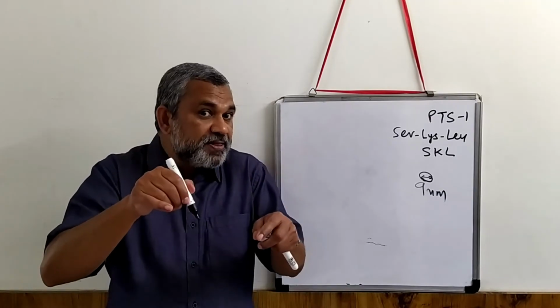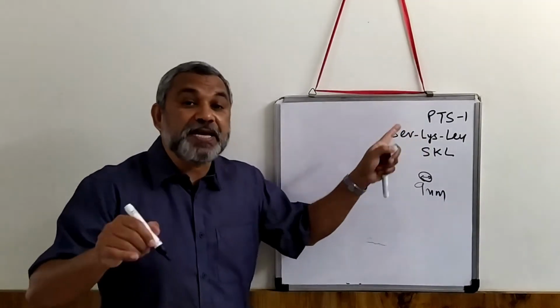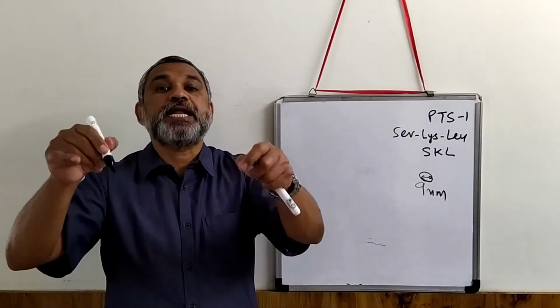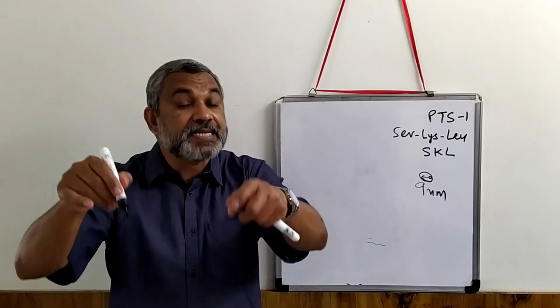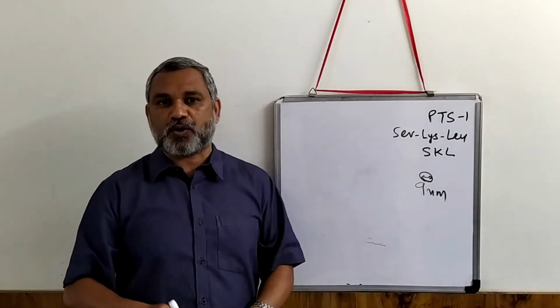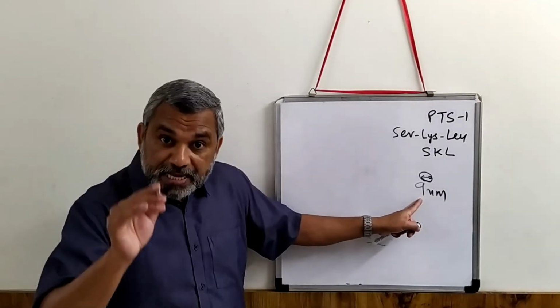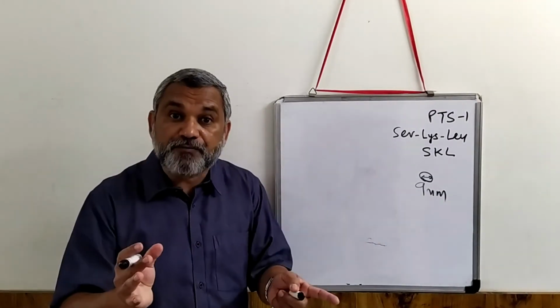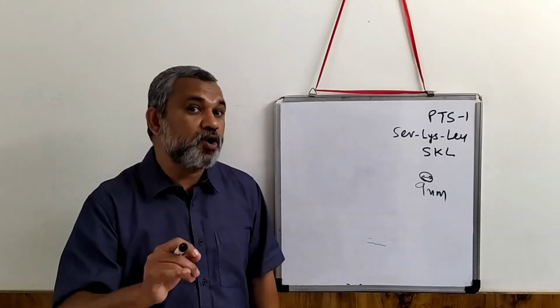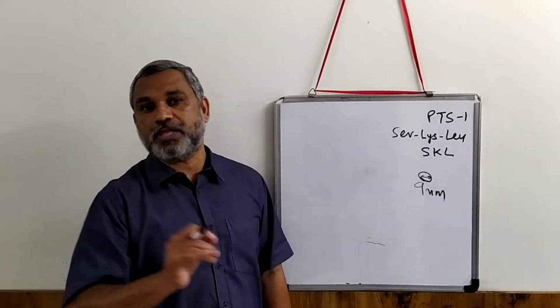And it was observed that if there is this PTS1 signal, this protein is getting incorporated into the peroxisome. That is how they proved that up to 9 nanometer protein in the folded form is capable of directly getting into the peroxisome.